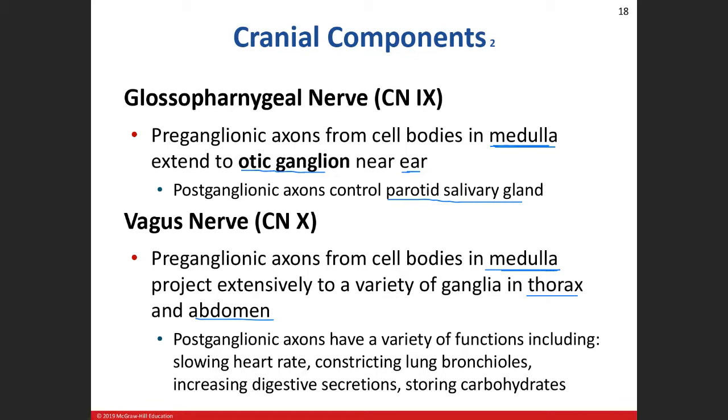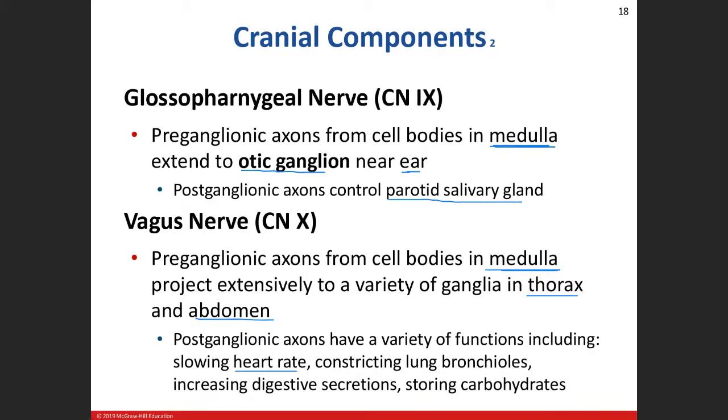Remember when we were going over the cranial nerves and I was telling you about the functions of the vagus nerve, and it pretty much controls many different aspects and organs of the thorax and the abdomen? Well, that's what we see here. So the postganglionic neurons are going to go out and stimulate all these different organs, blood vessels, and tissues throughout your thorax and throughout your abdomen.